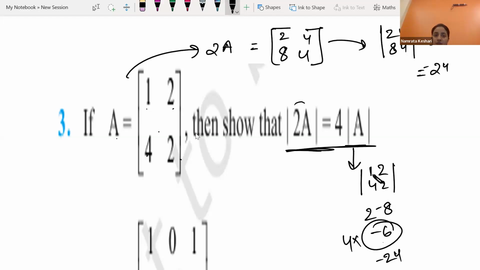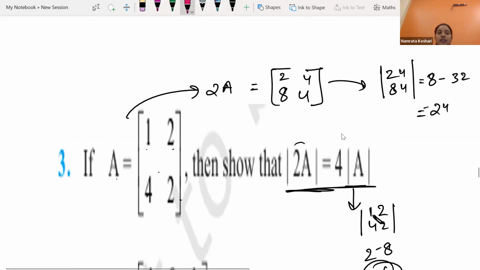Yeah. Okay, one concept I want to give over here. So in scalar multiplication, whenever we have a number, 2, and you are doing the multiplication with matrix A, you are having a matrix A and you are doing the scalar multiplication, you will be multiplying it with each and every element, right? Yeah.